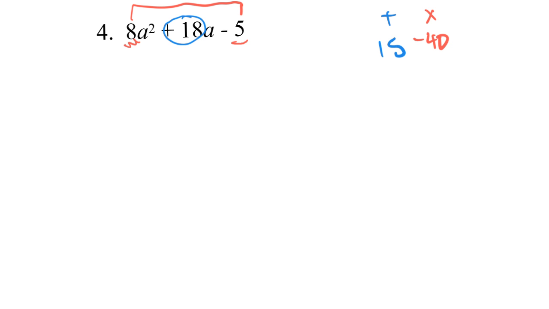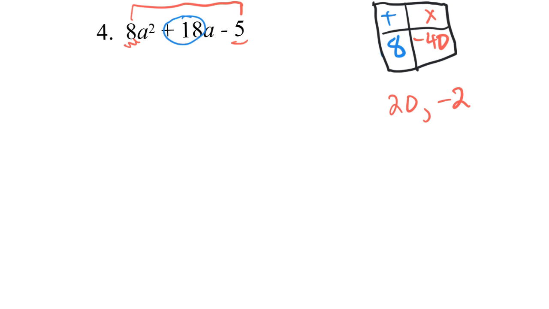Two numbers that when you multiply them together become negative 40, and then add to positive 18. And I'm going to tell you right away that it's 20 and negative 2. Okay, 20 plus negative 2 gives us positive 18, and 20 times negative 2 gives us negative 40.